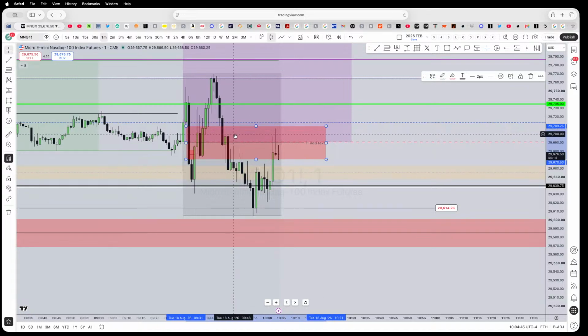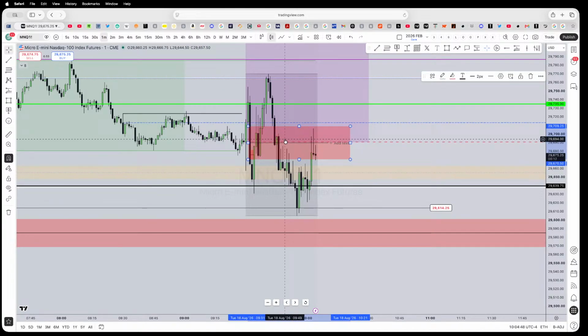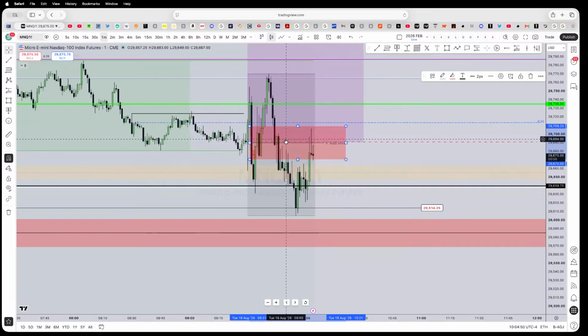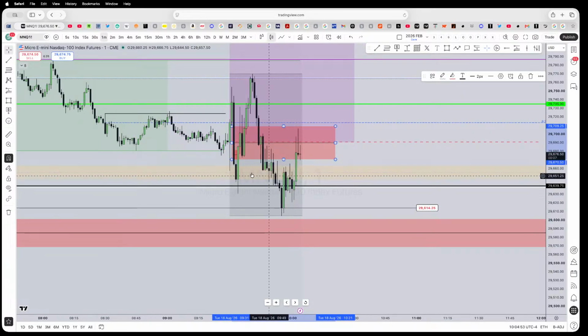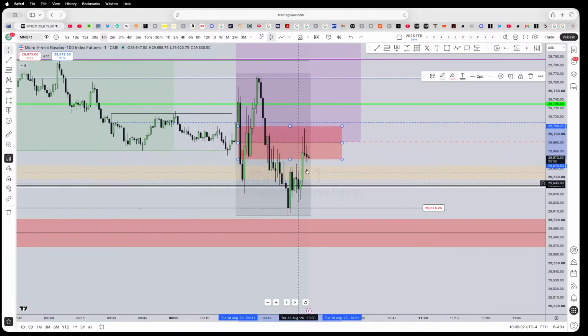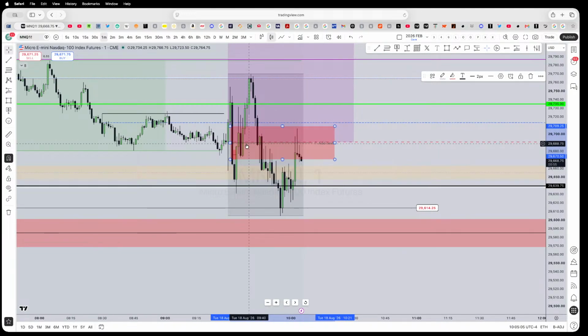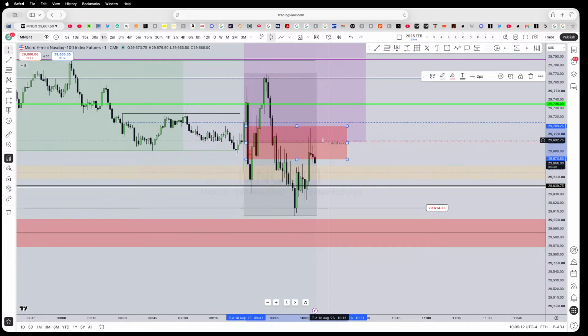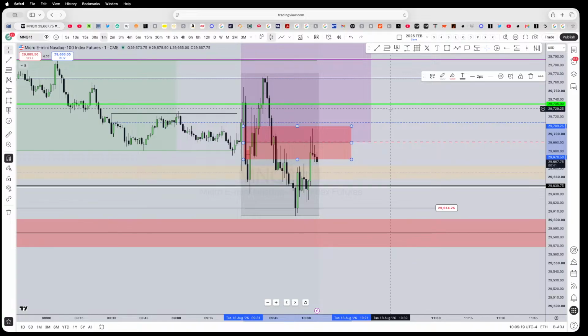We've traded up into the premium half of this range that previously did not have any trade back into it. So sell side has been traded into and then purged. Well, not purged as of yet, so to speak. Unless there's closure above this inefficiency, and then I see this turn into an inversion fair value gap, then I'd be looking for a long.